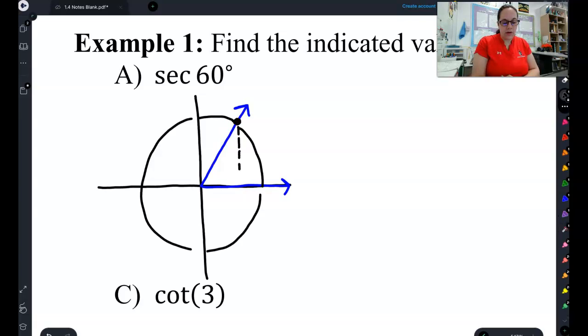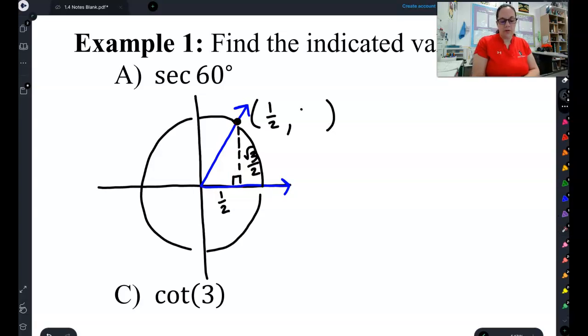Now I draw my triangle. I notice that the x side is the shorter side of the triangle, so it's 1/2. And the y side is the longer side of the triangle, so it's √3 over 2. This is the first quadrant, so I don't need to add any negative signs. They're both positive. And then I go over x, up y to get to my point.